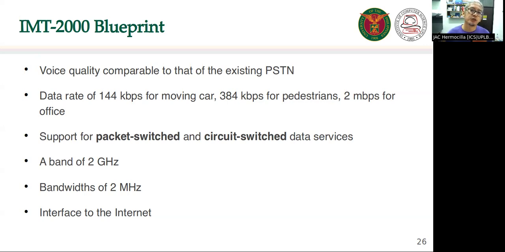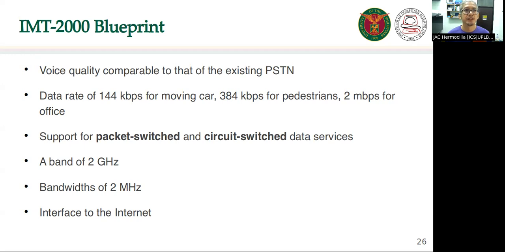It should also support packet switch and circuit switch data services. Recall our discussion about switching, where we talked about circuit switching and packet switching. The band will be 2 gigahertz, which is way bigger than those in 2G. The bandwidth of each channel is 2 megahertz.